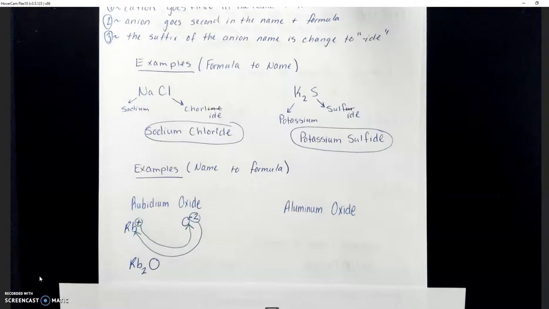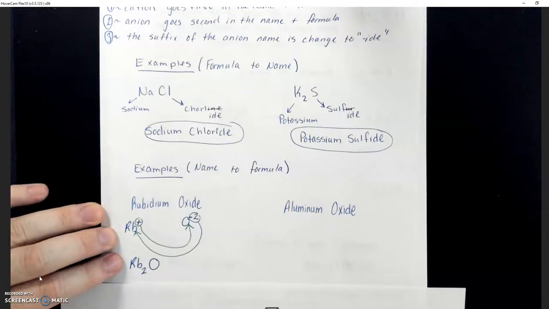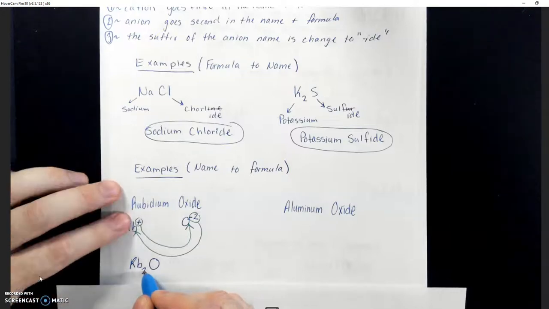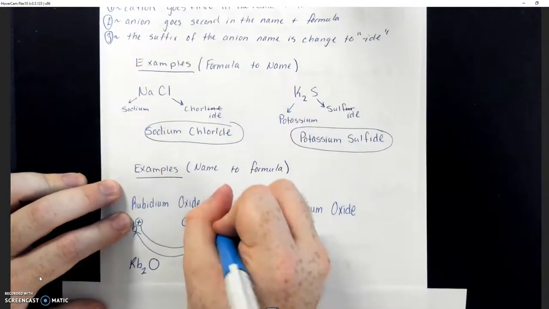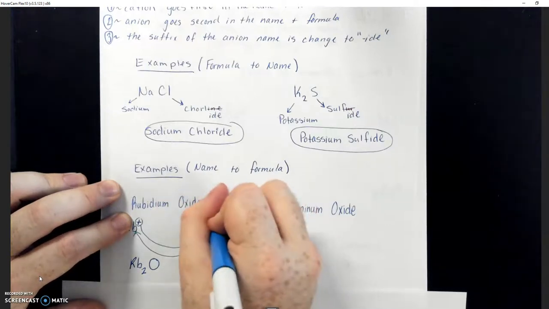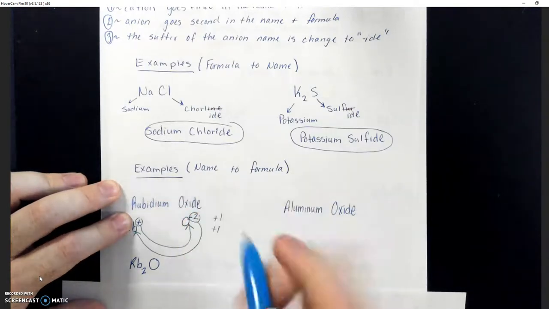Why do you have to do it this way? Well, ionic compounds have to have a net 0 charge, okay? That means when you add up all the pluses and minuses in the compound, they have to come out to 0, all right? Let's determine that mathematically. We have 2 rubidiums, and each of them has a +1 charge. So that's going to be +1, +1.